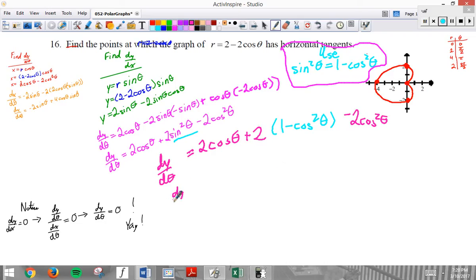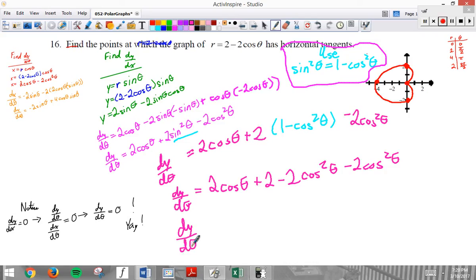dy d theta. Let's try to get back onto solid ground. 2 cosine theta plus 2 minus 2. Distribute, please. Minus 2 cosine squared theta. One last push to simplify, guys.